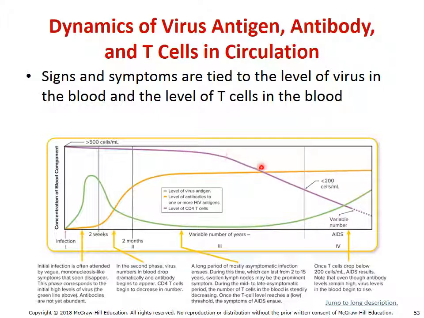At this point, these T helper cells are becoming so infrequent that we no longer have coordination of the immune response. And even though we have things like antibodies still present, we don't have any other features to help fight. And as a result, AIDS sets in as the HIV numbers start to increase again.